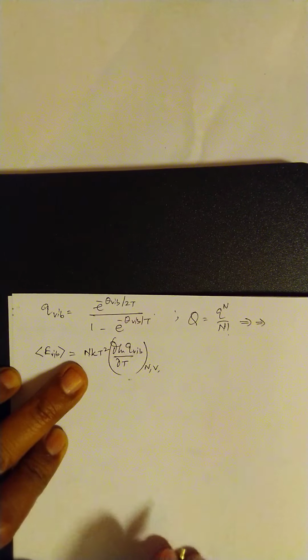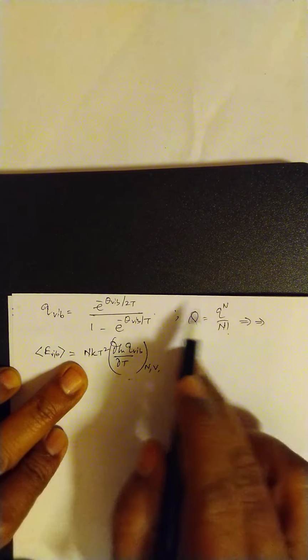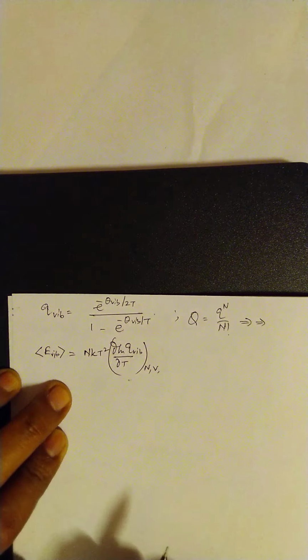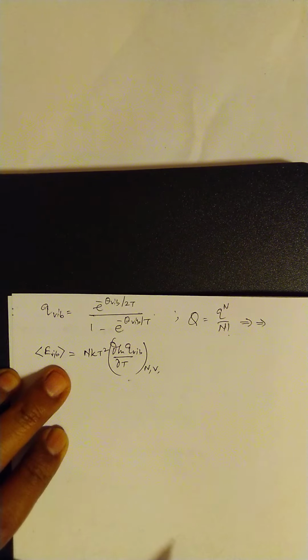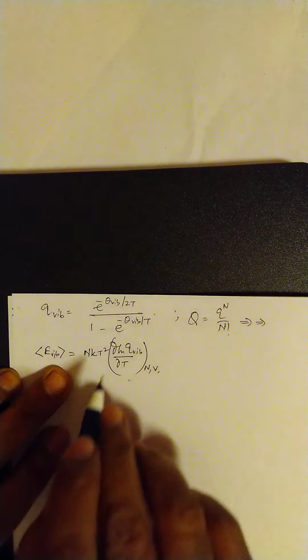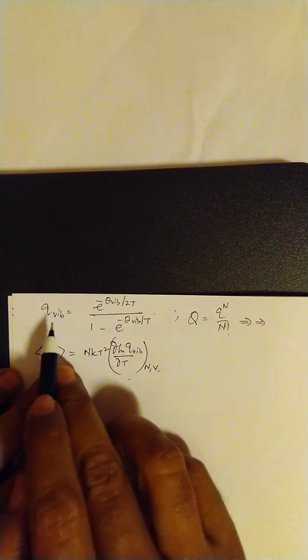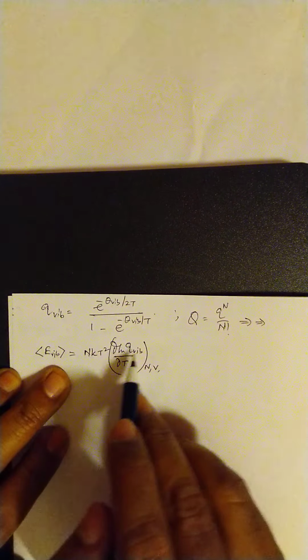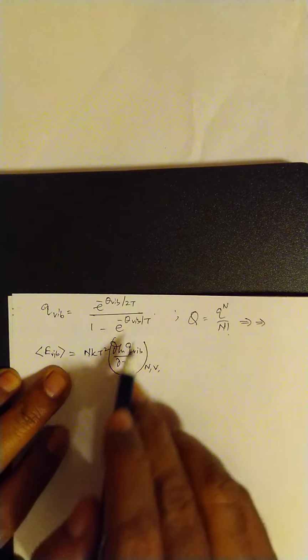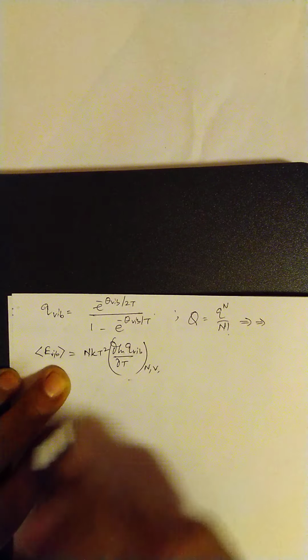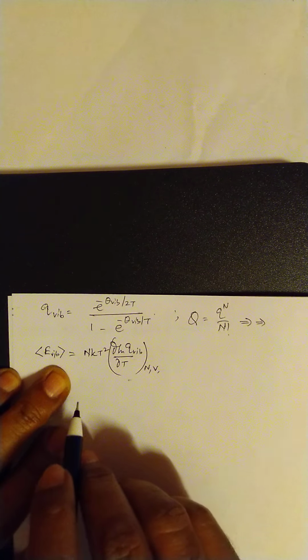How do you get that? Just try to get that using the whole thing here. It is very straightforward. Once we have got this, you take the log of this quantity, then differentiate with respect to temperature, and multiply by NkT square.